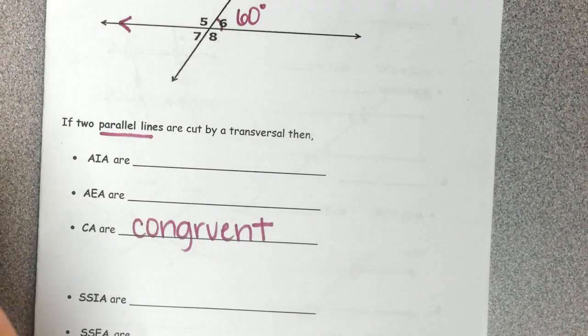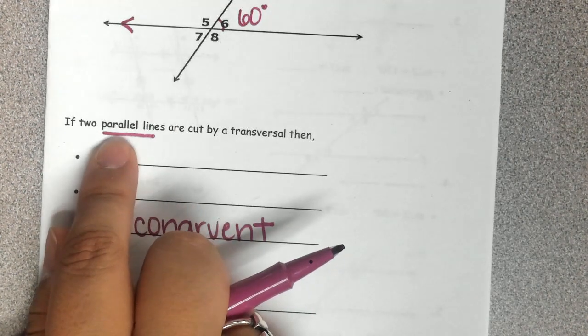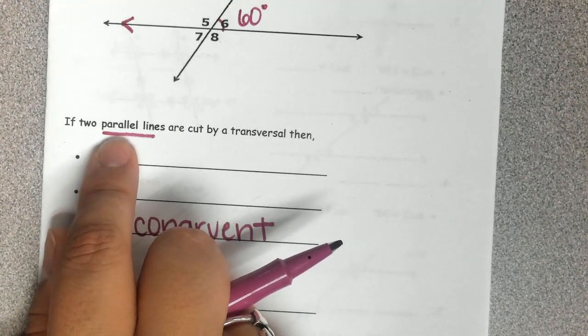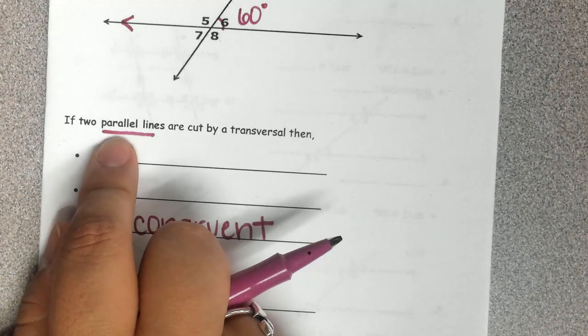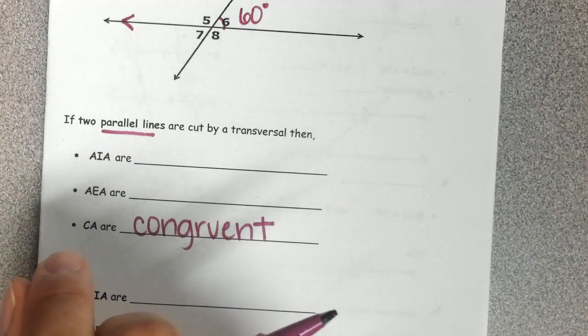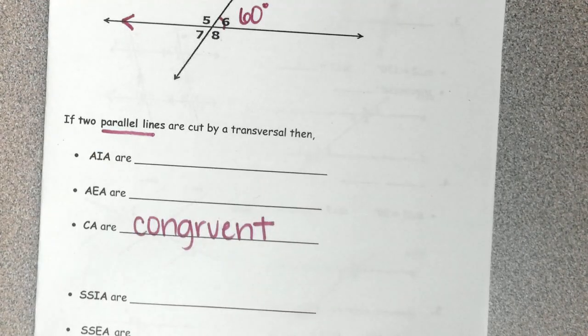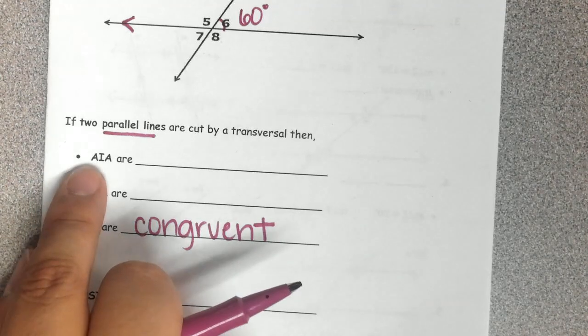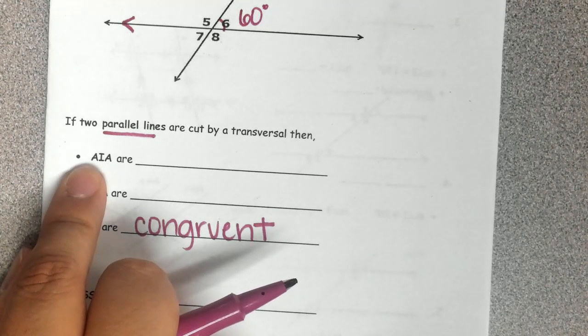CA are congruent. Write it down. Again, this only works if the lines are parallel. Well, what about AIA?